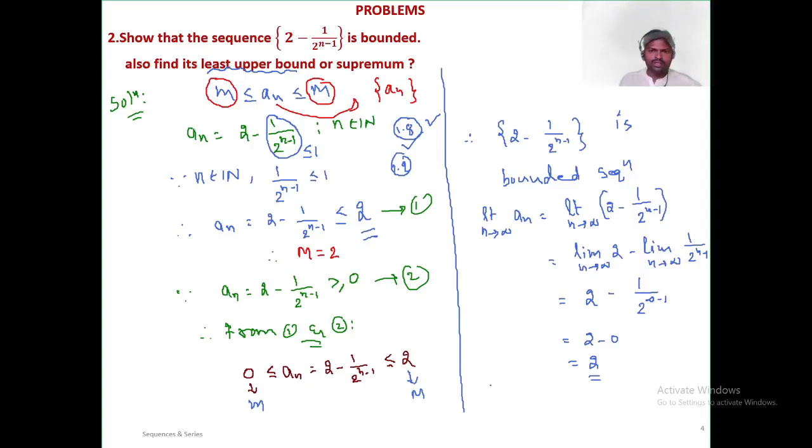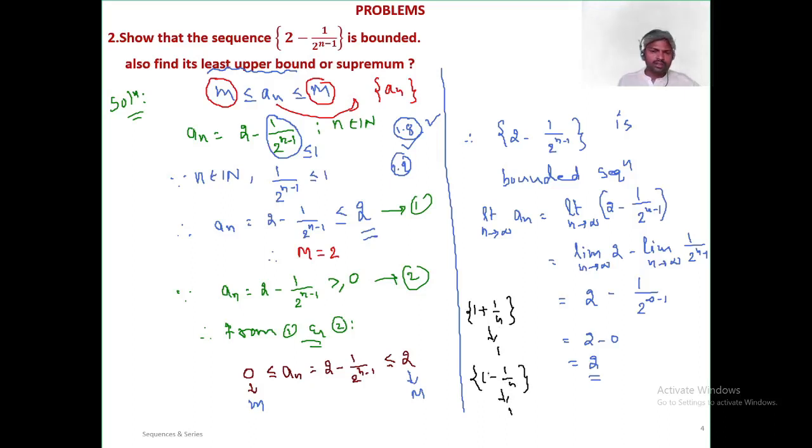Okay, for example, look at this best example. You take 1 plus 1 by n. At what number does the sequence converge? Clearly it converges to 1, because after limit n tends to infinity, you will get 1 plus 0, which is 1. If you take 1 minus 1 by n, at what number does the sequence converge? It converges to 1 only.